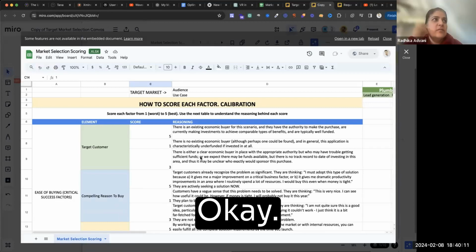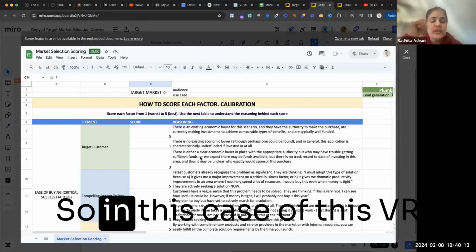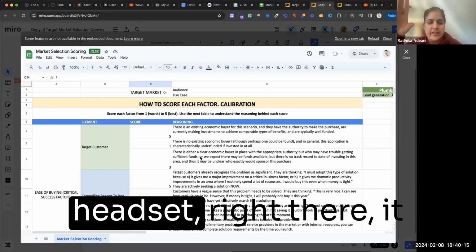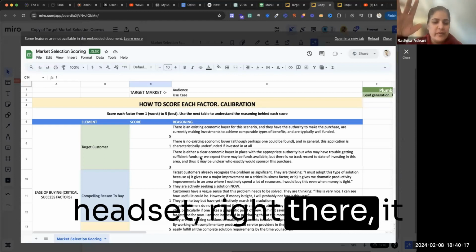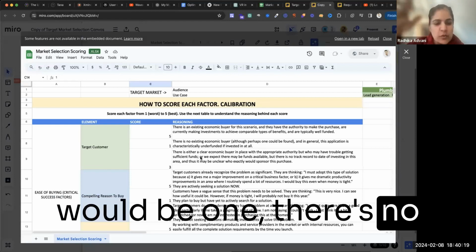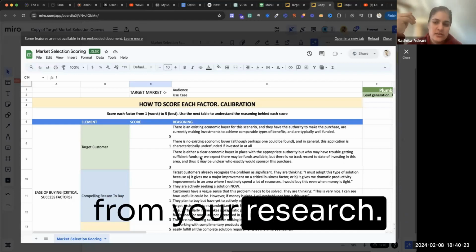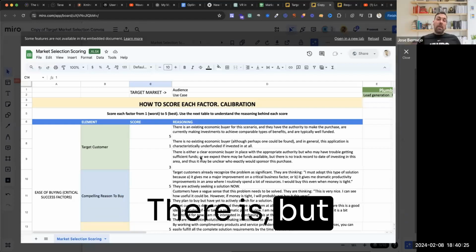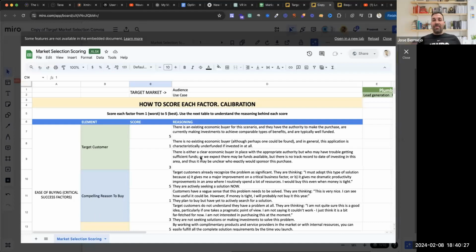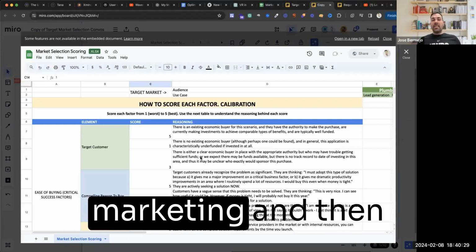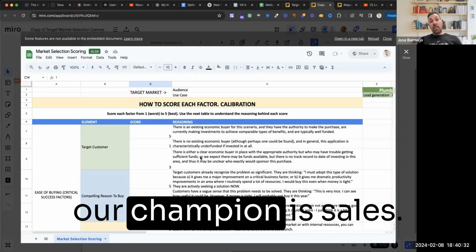So in this case of this VR headset, there it would be one. There's no existing economic buyer, is what you understand from your research. There is various marketing. We have to convince marketing. And then our champion is sales.